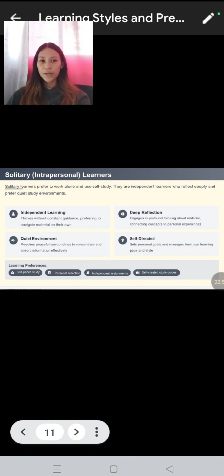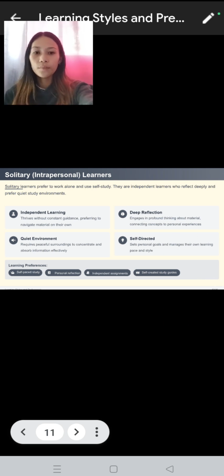Next is quiet environment. They require peaceful surroundings to concentrate and absorb information effectively. Noise and distraction make it hard for them to focus. Next is self-directed. They are good at setting their own personal goals for learning. They manage their own learning speed, pace, and study style.